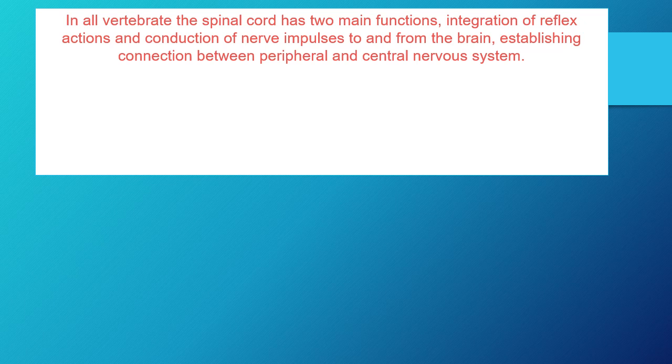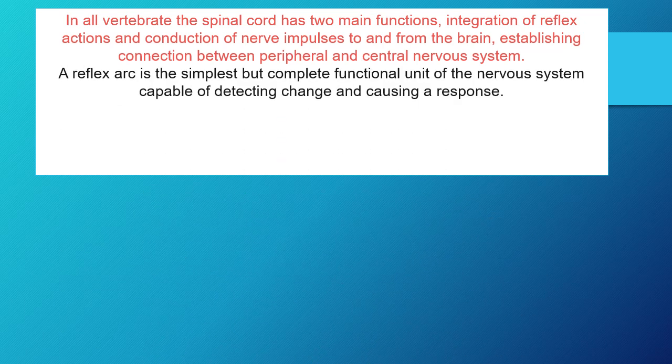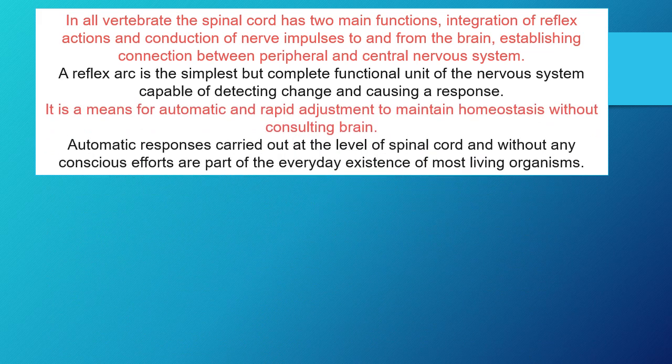In all vertebrates, the spinal cord has two main functions: integration of reflex action and conduction of nerve impulses to and from the brain, establishing connection between peripheral and central nervous system. A reflex arc is the simplest but complete functional unit of the nervous system, capable of detecting change and causing a response.